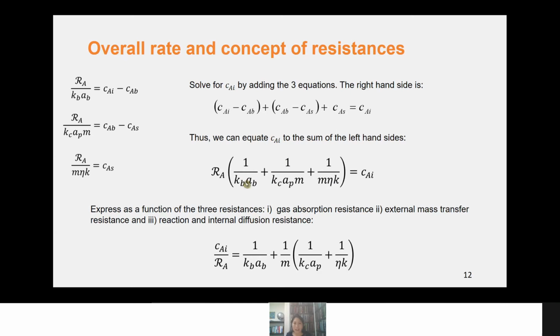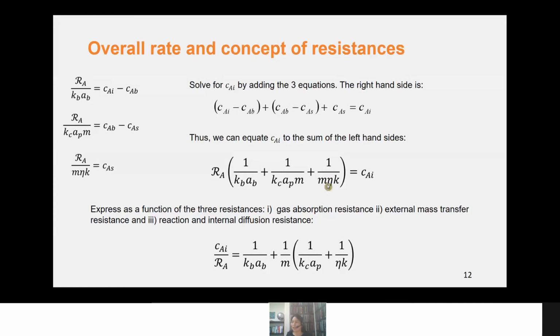We have the resistance due to gas absorption, which is 1 over kBAB. Then we have the resistance due to external diffusion, 1 over KcApM. Kc is the coefficient for external mass transfer, Ap is the external area of the catalyst pellet, and M is the catalyst loading. And then we also have the resistance to internal diffusion and surface reaction.